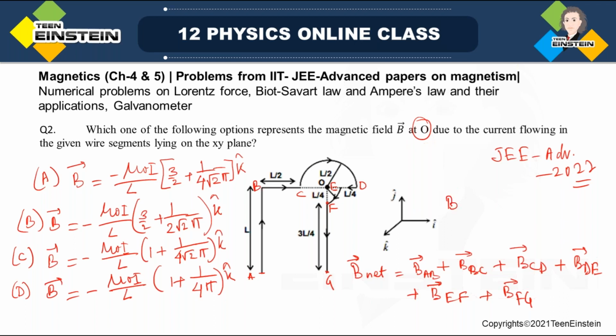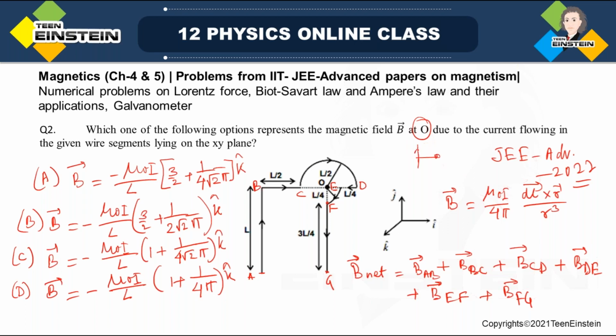How do we calculate? See, in general, B can be calculated from the formula mu 0 I by 4 pi into dl cross r by r cube. Okay, r is the vector distance from the segment to the point.